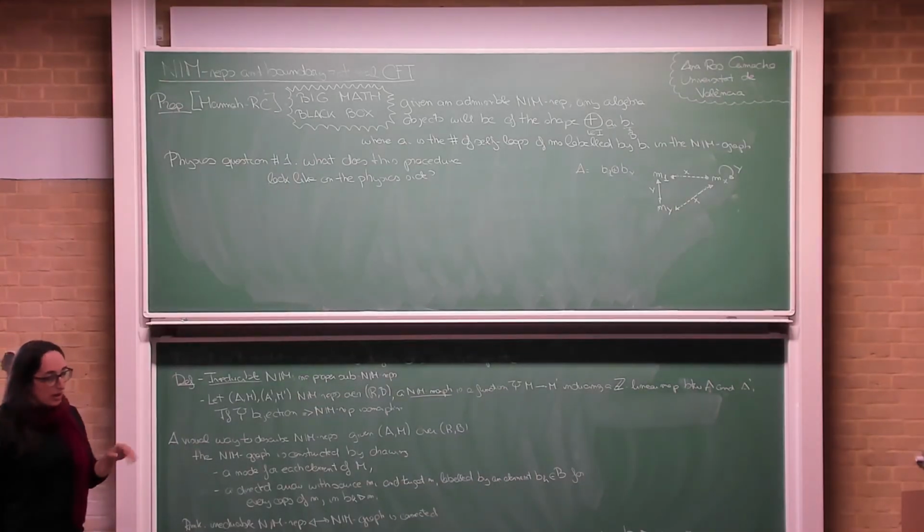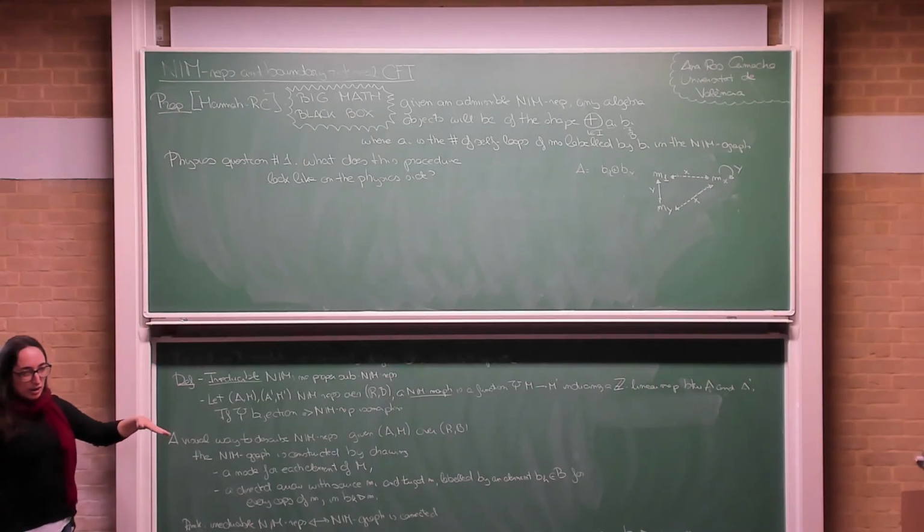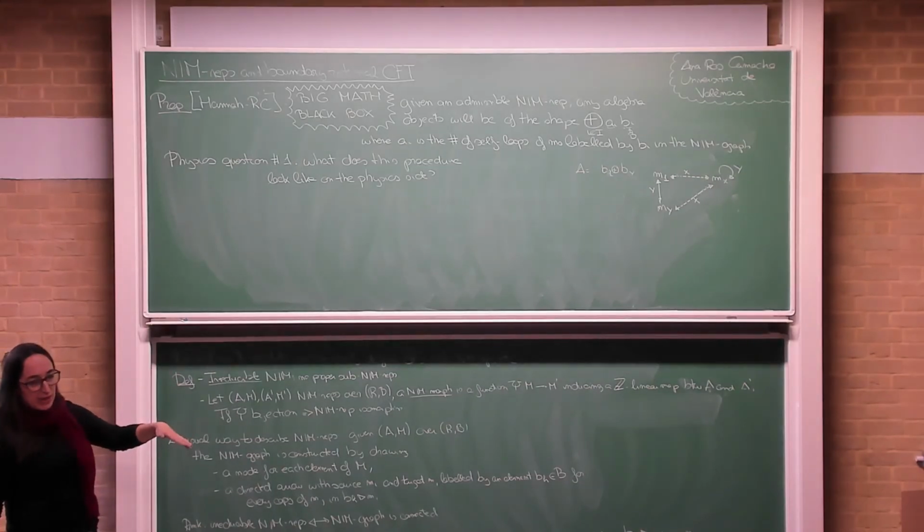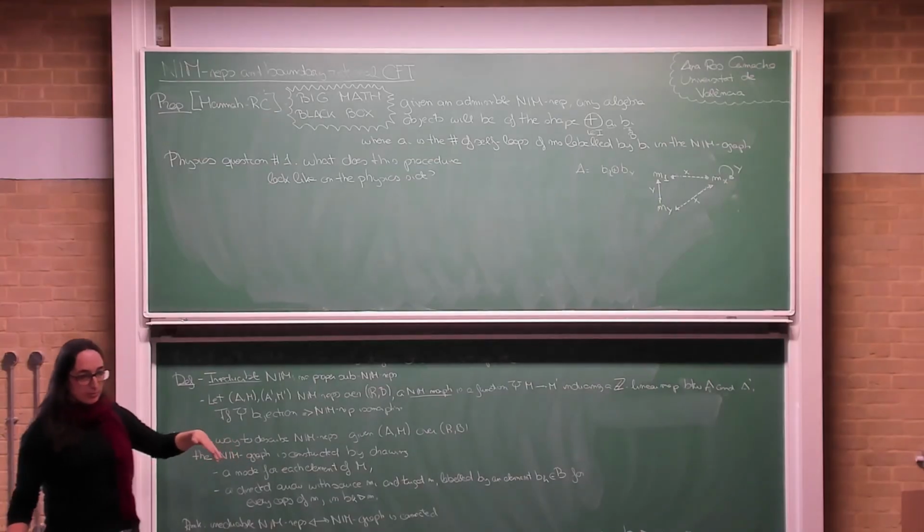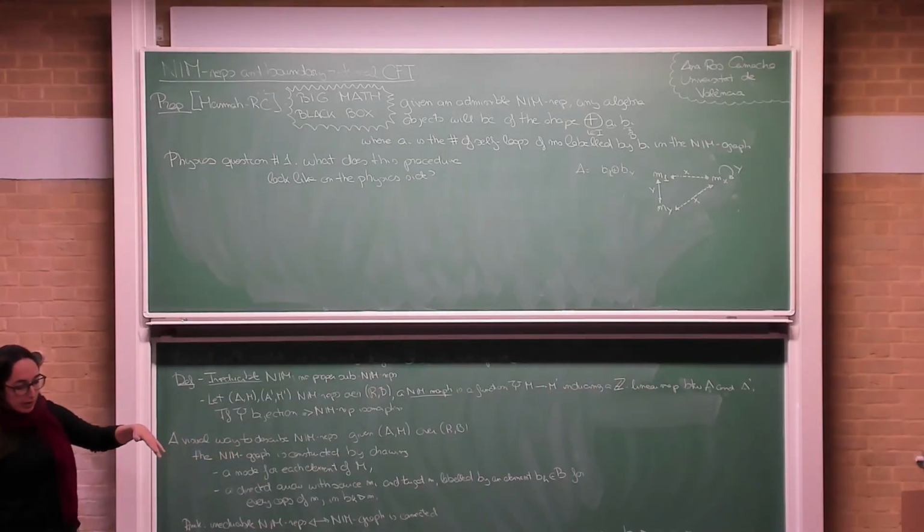That being said, in a different work we do have a classification of the algebra objects you can get for the minimal models. I haven't tried to get it back from the NIM-reps, but it probably shouldn't be too complicated at this stage.